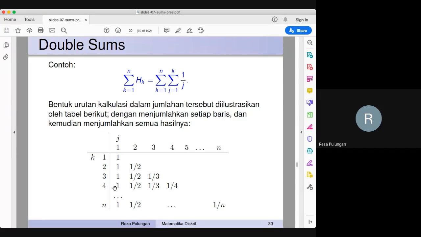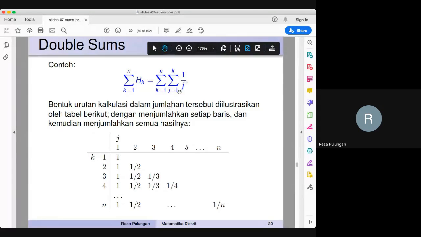Now, what we are going to do is to fill the entries inside of this matrix. How do we fill this matrix? Well, we fill this matrix by trying this particular formula. When k is equal to 1, then j can only be from 1 until 1.